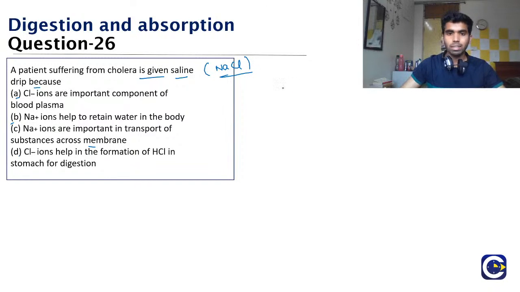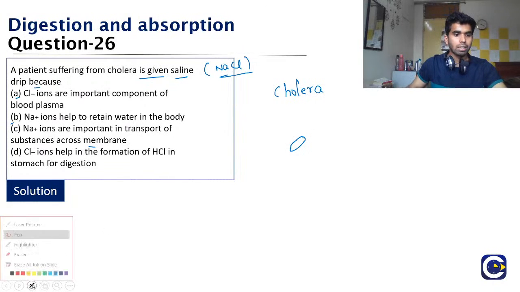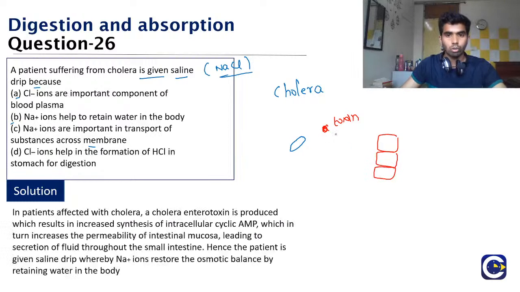So what is the mechanism of cholera? See, this is the cholera bacteria, and it secretes a certain toxin. This is the cells of the intestine. This toxin acts upon these intestinal cells, and when it acts, it stimulates cyclic AMP.